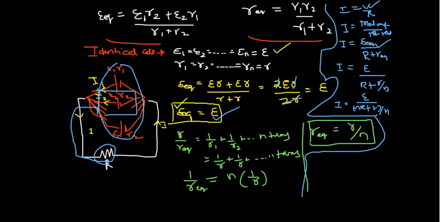And n in the denominator goes to the numerator. Therefore, we will get the answer nE whole divided by R plus nr. Yes, wait, we have to make it a small letter, right? Yeah. Therefore, we'll get R plus nr. Okay, this is the equation we are getting here.